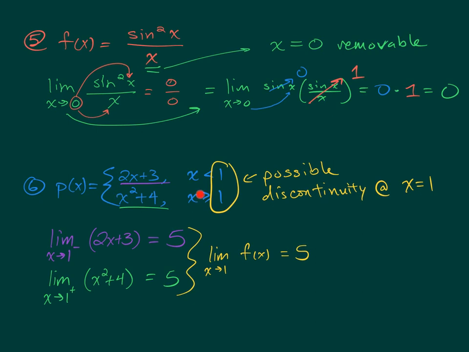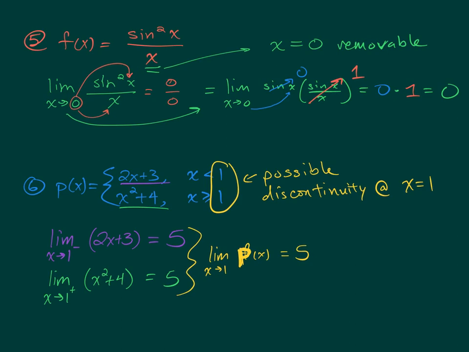If you look at the other function, this is the limit as x approaches 1 from the right, and that means greater than 1, so we use this bottom function. If you substitute 1 in there, you'll get back 5, which means the limit as x approaches 1 of p of x equals 5.